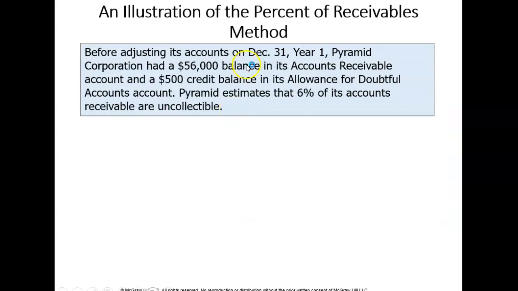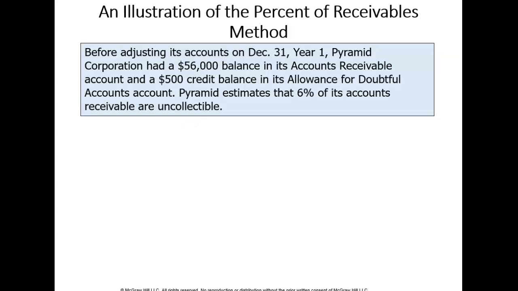Let's assume that we have a company called Pyramid Corporation. The accounts receivable account has a balance of $56,000, and the allowance for doubtful accounts has a balance of 500 in that account. Keep track of that. They estimate that 6% of its accounts receivable will become uncollectible.